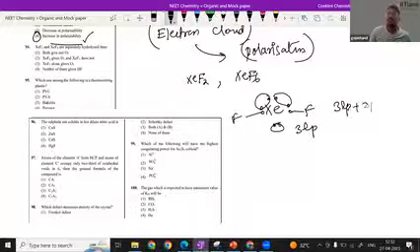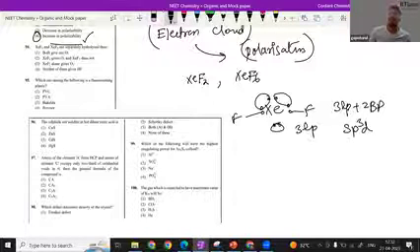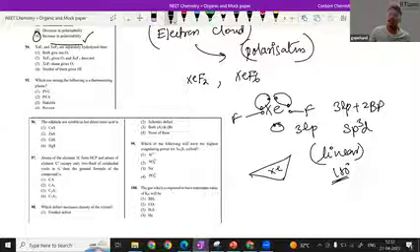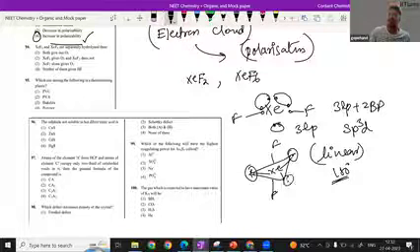This is sp3d hybridization, which gives the linear geometry, and the bond angle will become 180 degrees. These lone pairs will be present on the equatorial plane. Xenon, fluorine, fluorine, and here the lone pairs will be present on the equatorial plane. So this is how the compound is formed.